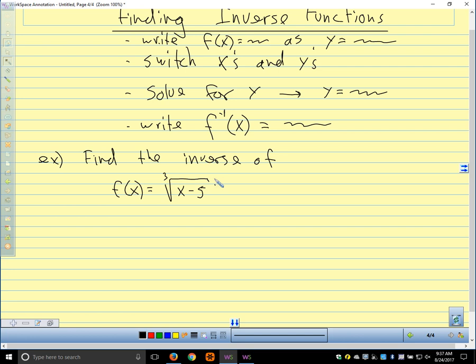So this one's pretty easy. You might just be able to see what it is. What we call in math, solve by inspection. So just by looking at it, what do we think this is going to be?